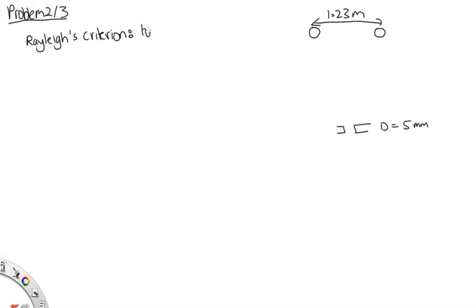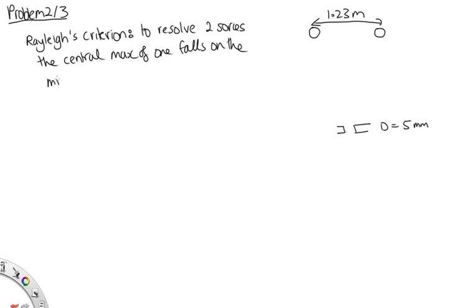Which says that to resolve two sources, the central maximum of one falls on the first minimum of the other. This gives the limiting case.